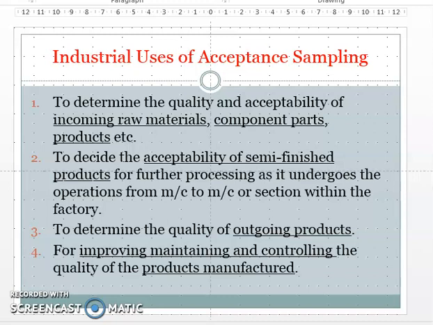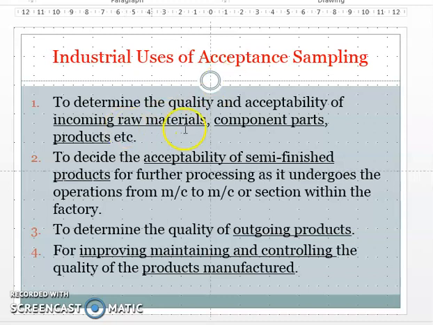After that, once again I will repeat, it is used for incoming raw materials, parts or components or products which you are buying from another industry or from your suppliers.